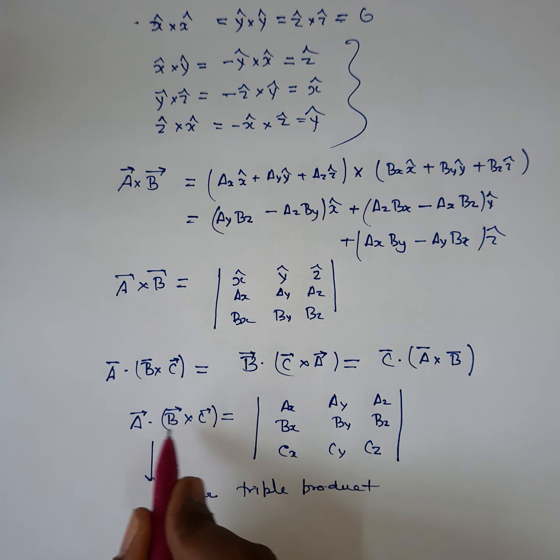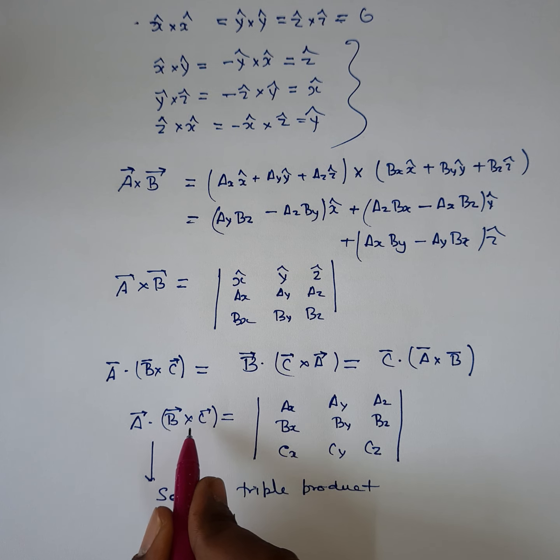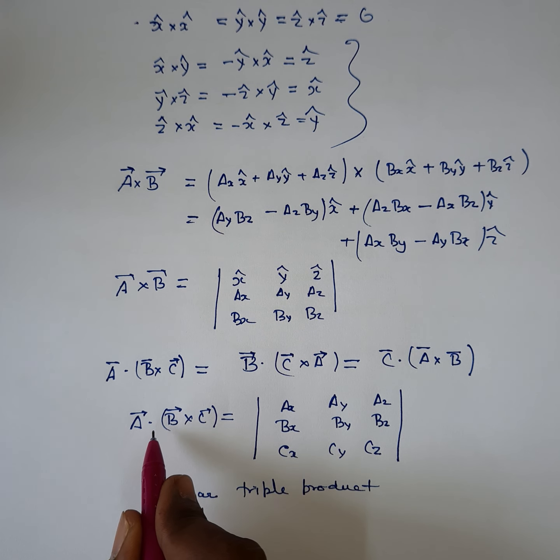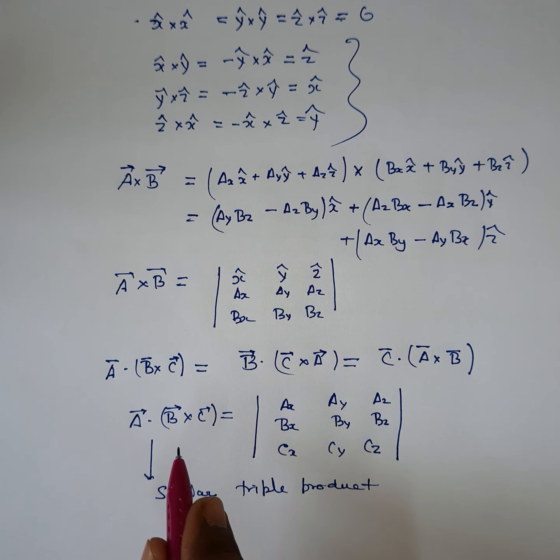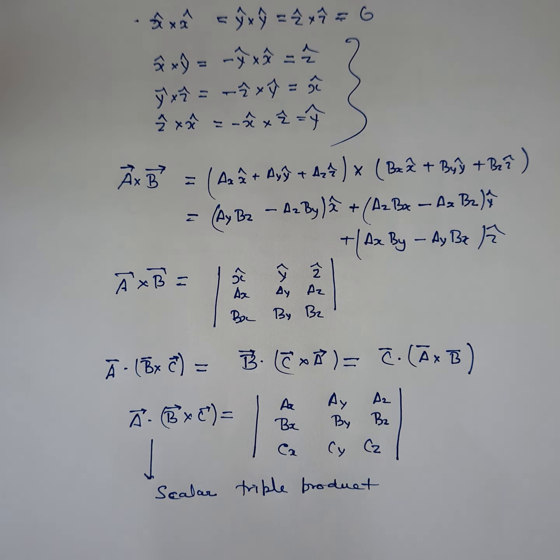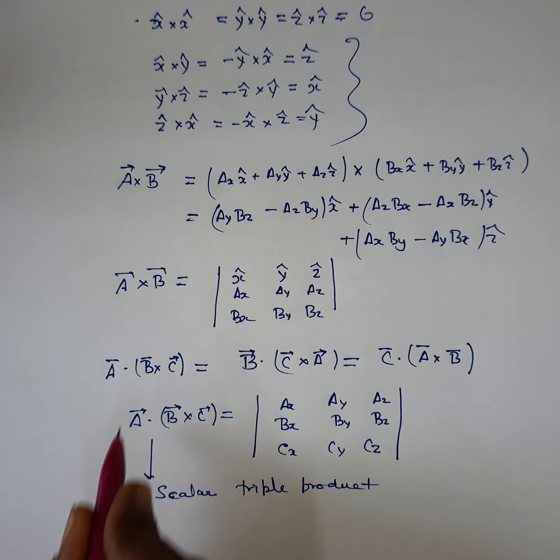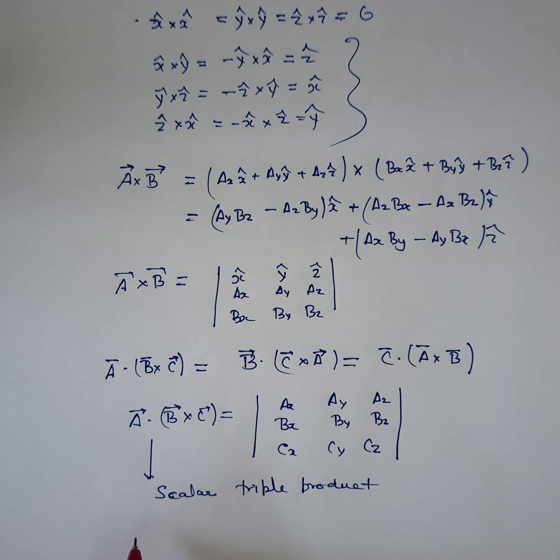Since you are taking the cross product of two vectors, which is itself a vector, and when you take the dot product with any vector, it gives a scalar quantity, this type of triple product is called a scalar triple product. You also know that the dot can be interchanged with the cross.